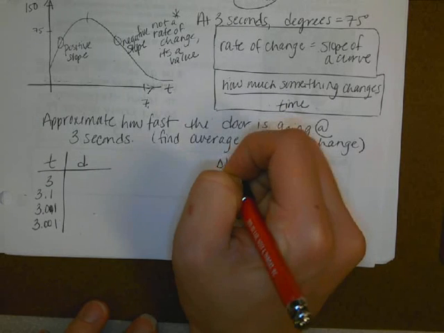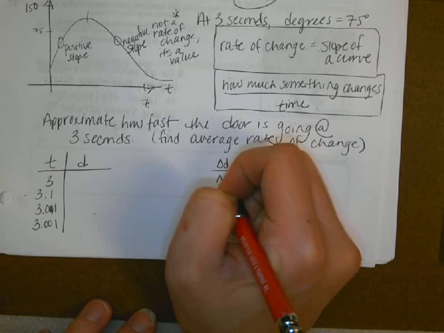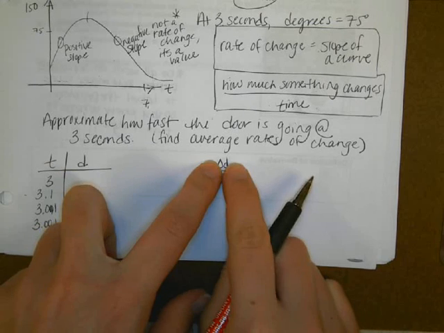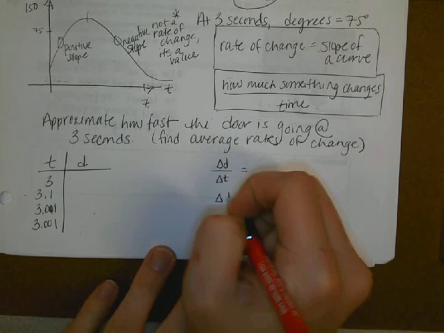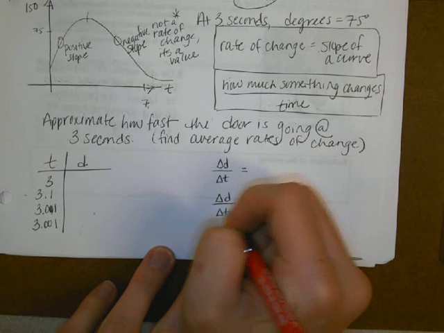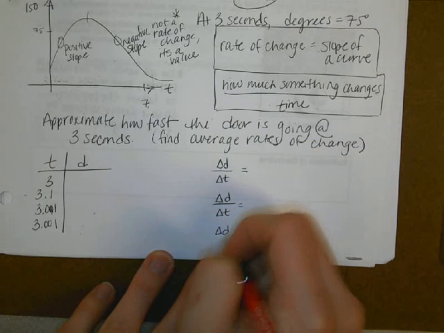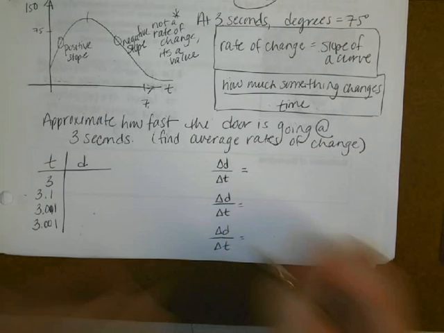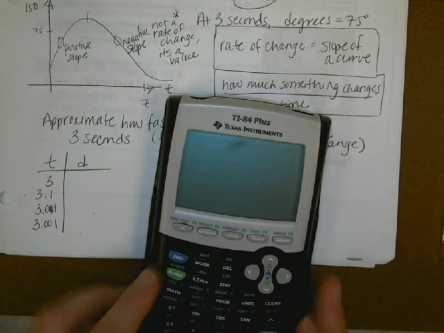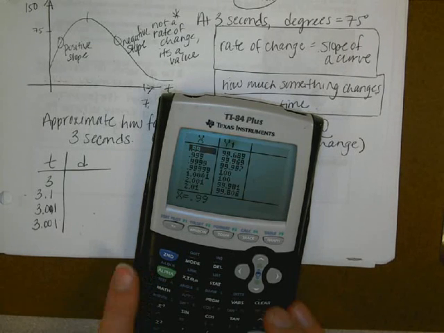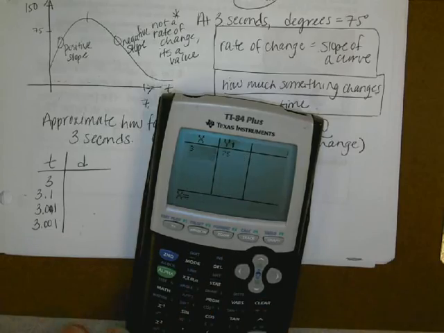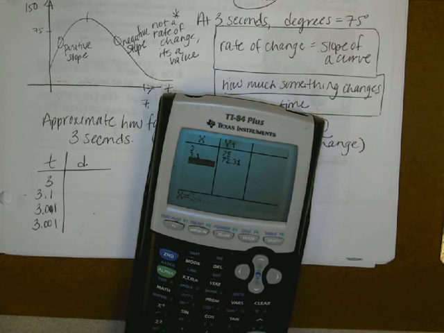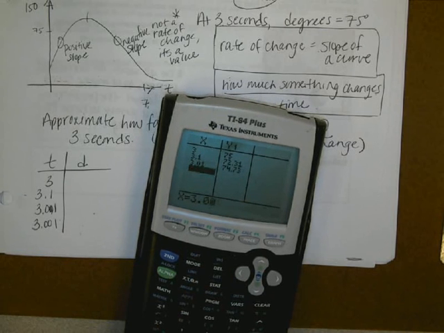So we're going to do 3 problems here. We're going to find the change in d over the change in t. This is like subtracting your y values over your subtracted x values. We're going to do this 3 times, just to see what happens. Okay, so in my calculator here, I'm going to go to the table and delete out all of these. I'm at 3, 3.1, 3.01, 3.001.